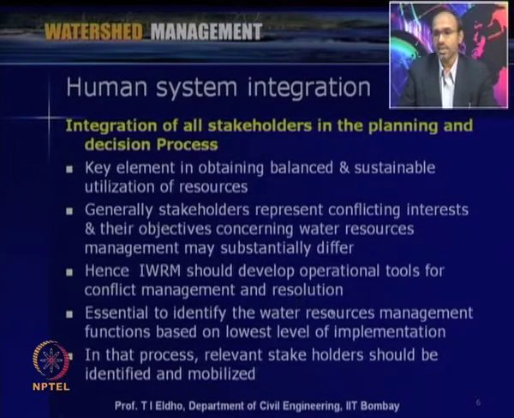So, in any integrated system, we have to see that starting from the grassroots level, people should get involved in developmental plans and also implementation and maintenance. Now within this perspective, when we discuss integrated water resource management, three major issues we have to deal with.